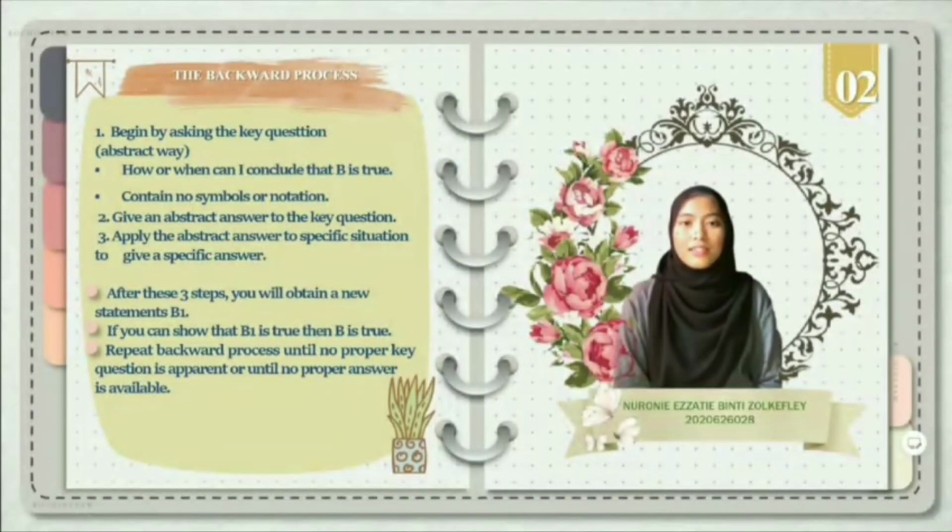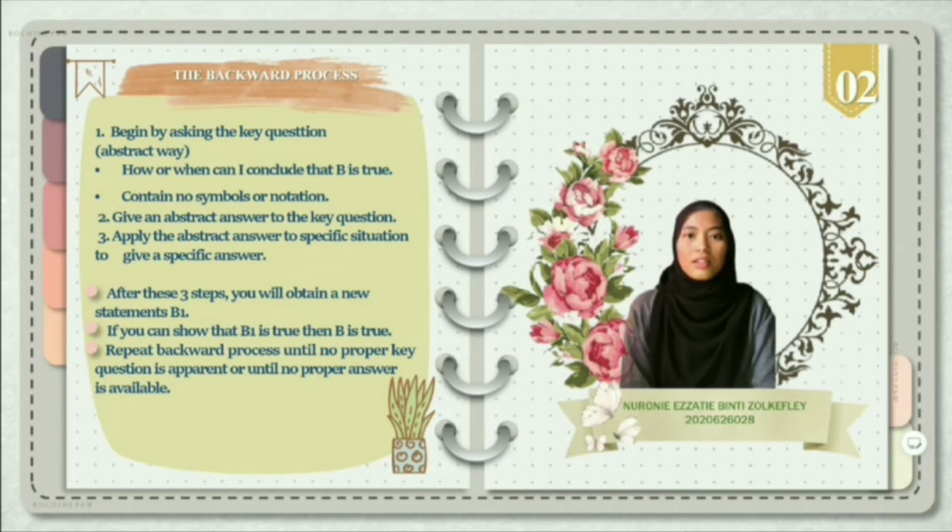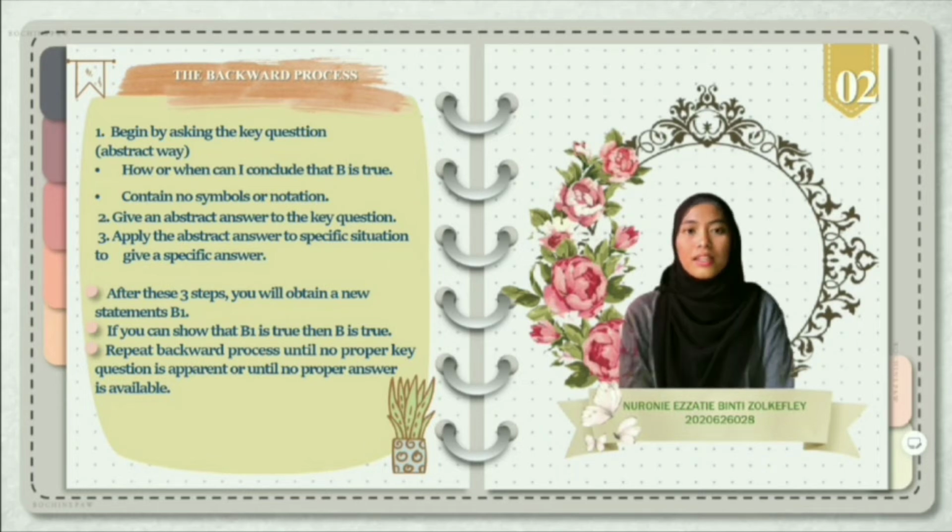The backward process begins by asking the key question, how or when can I conclude that B is true? With no symbols or no notation. Next, give an abstract answer to the key question.